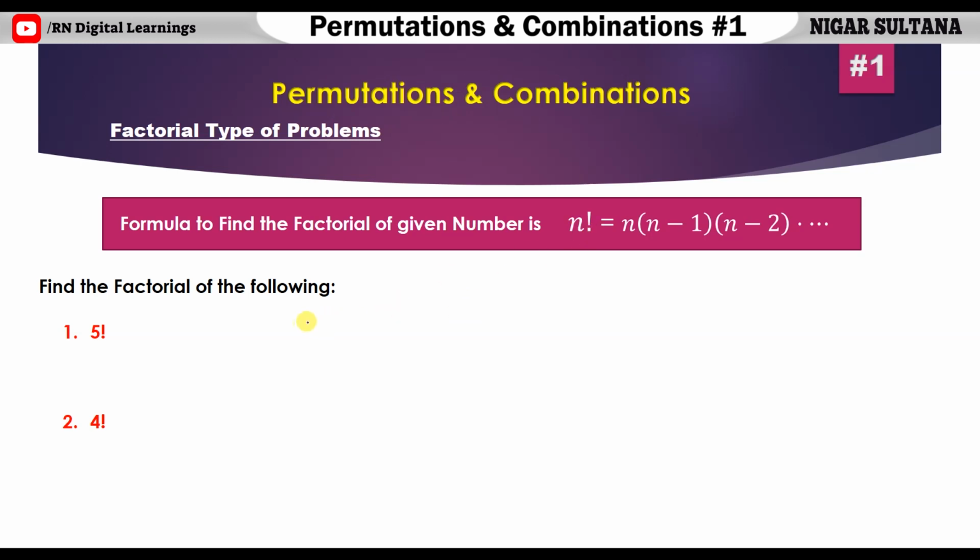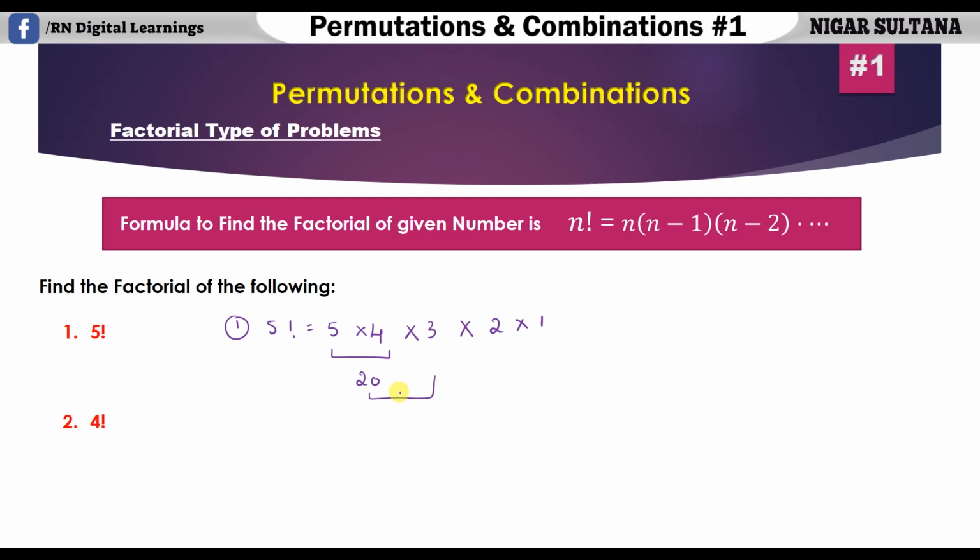So first, let's find 5 factorial. n is 5, into n minus 1, that is 5 minus 1 is 4, into n minus 2, that is 5 minus 2 is 3, into 2, into 1. Finding the multiplication of all these terms will give you 5 factorial. So 5 into 4 is 20.